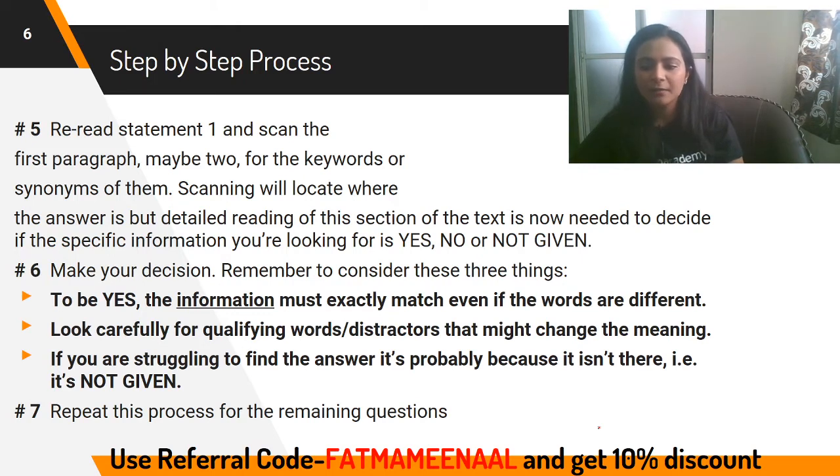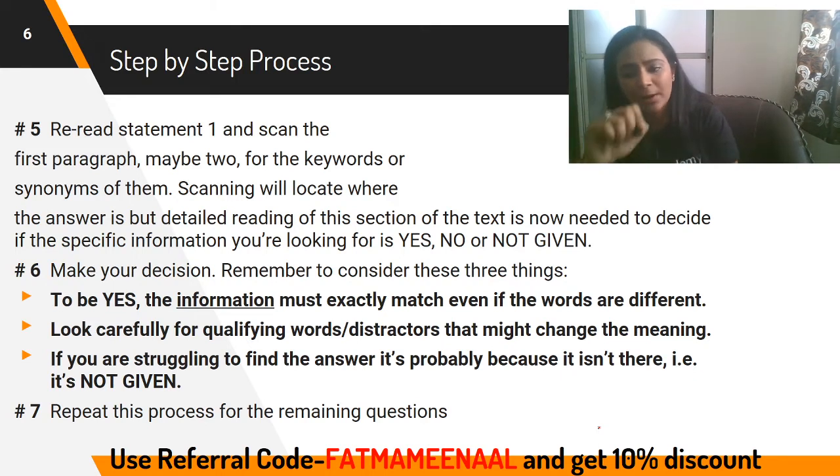Once you are done preparing your question statement, you have understood the meaning, you're done with finding your keywords, and at the same time, once you're finding the keywords, you're also underlining any associated words. It's not necessary that you have just one keyword, you might have two keywords, and all those words that can possibly come in a different way.